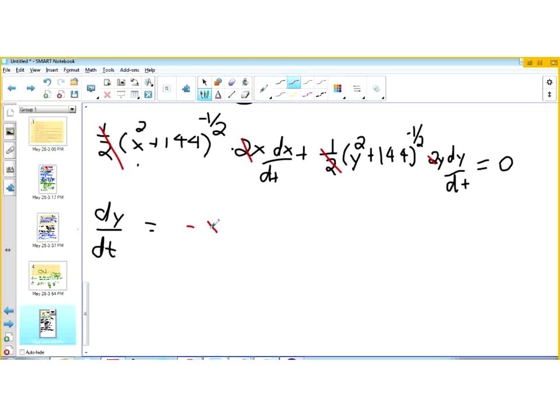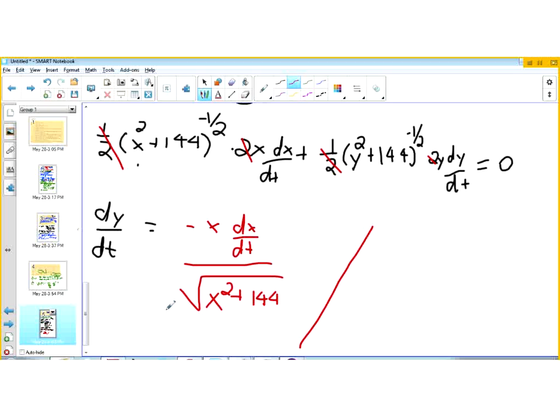So we have dy over dt is equal to negative x dx over dt divided by the square root of x squared plus 144.